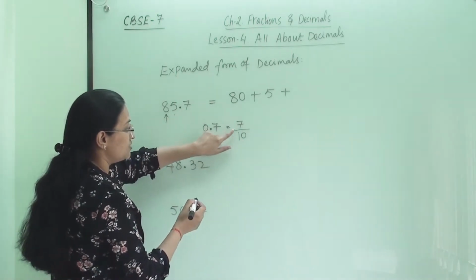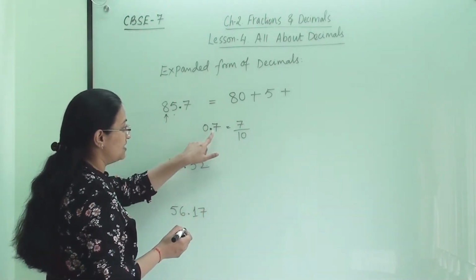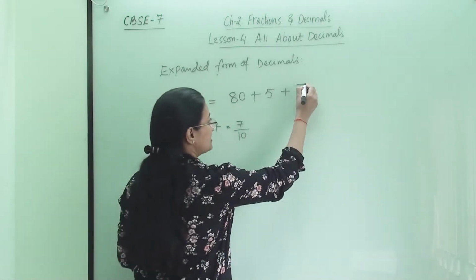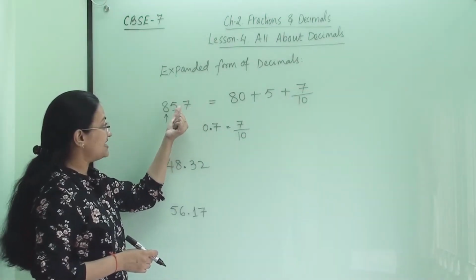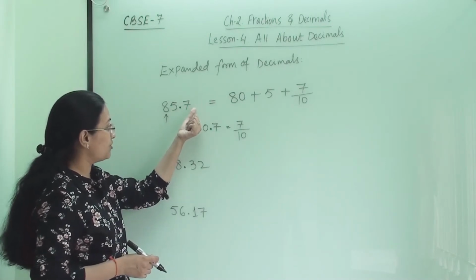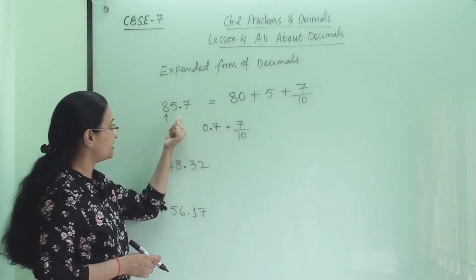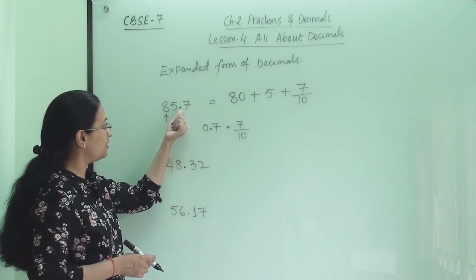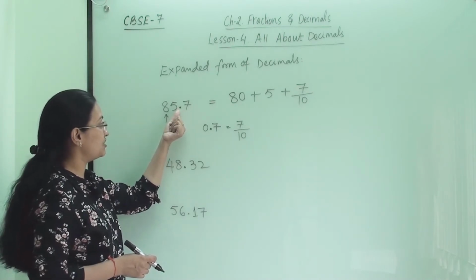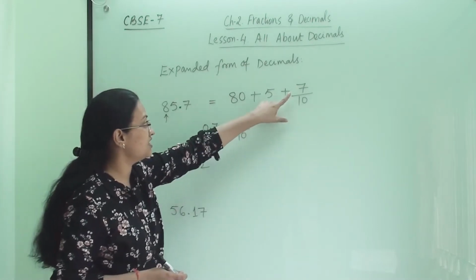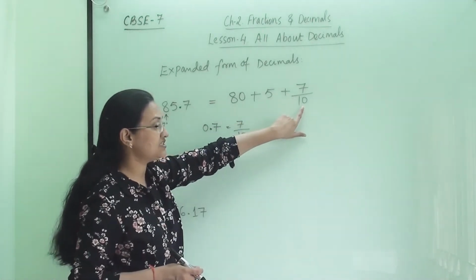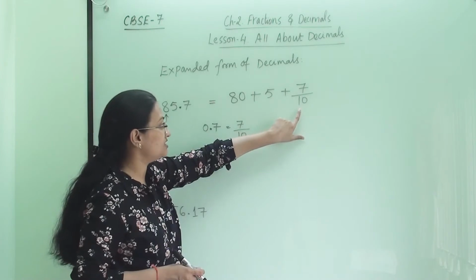So here we write 7 divided by 10. When we calculate decimal places, we count from the right side. Here we counted only one number and put the decimal point. That means only 10 is in the denominator. So here it is 7 over 10.